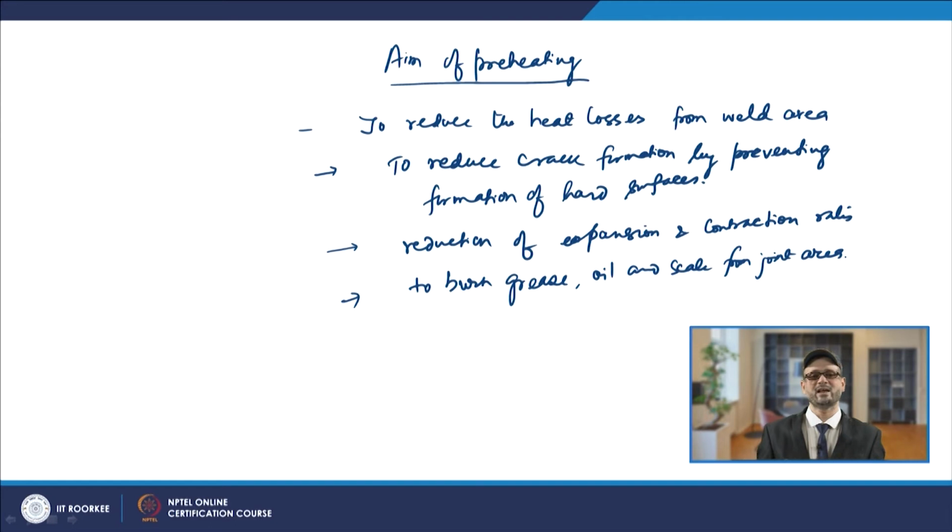So that will reduce the time and increase the speed of welding. It will also keep the bead fluid for more time, which avoids stress concentration, and the notch effect is also reduced.